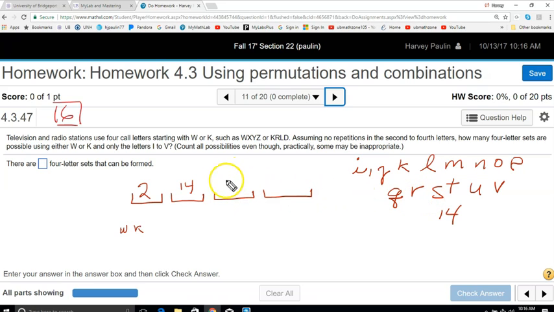Now, how many are available for this next if no repetitions are allowed? 13. And for this, 12, because you are dropping one that's no longer available. So this is fundamental counting principles, and we're just going to multiply all that together, and let's see what you get. And I got 4,368.